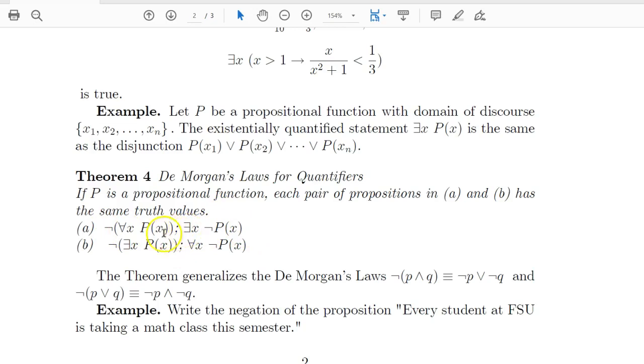If the first proposition is false, this means that for every x P of x is true.